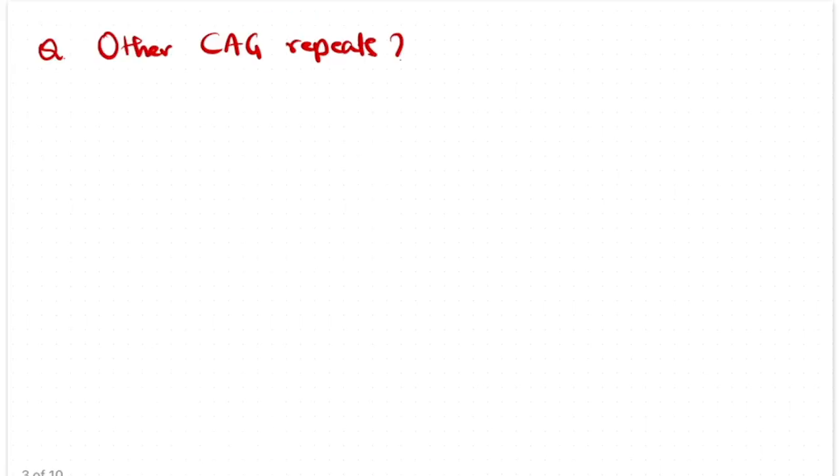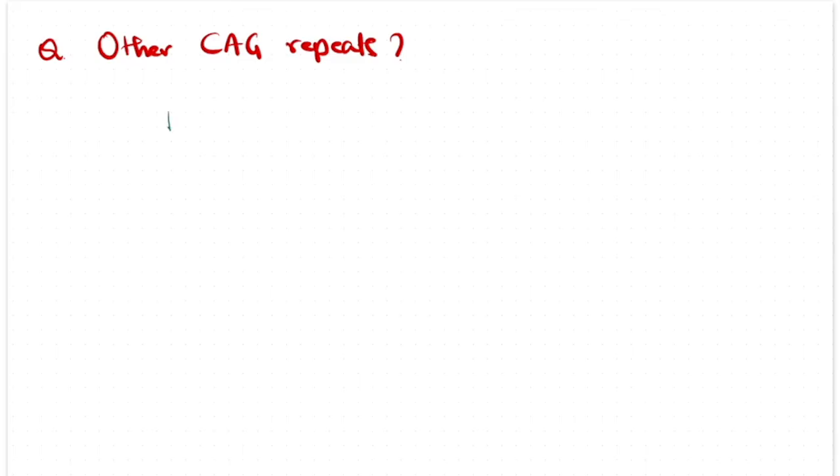Okay. Now in the exam they may ask in multiple angles. What I told is only with respect to spinocerebellar ataxia till now. Now in general we'll try to see all the neurological disorders. What are the neurological disorders with CAG repeats?